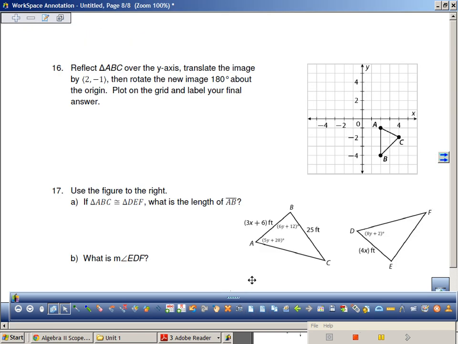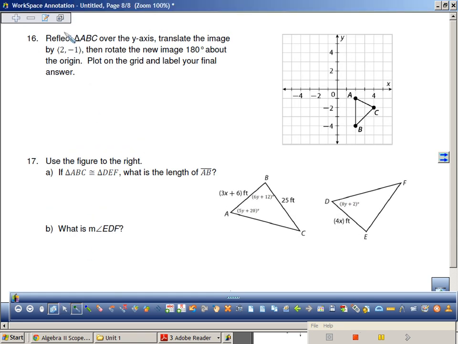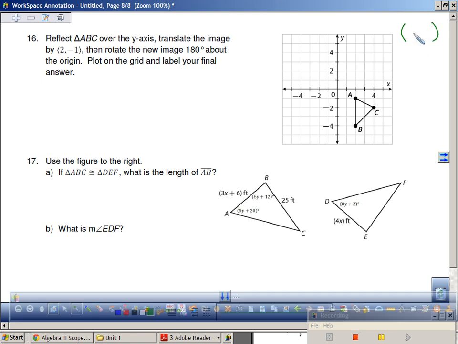New page. All right. So 16 is reflect triangle ABC over the y-axis. Okay, let's do that first. Over the y. What happens when I go over the y? What happens? The x changes. I just want to keep asking you guys that, right? You don't necessarily have to do it that way, but I'm going to keep asking.